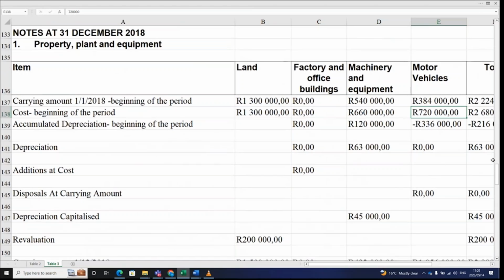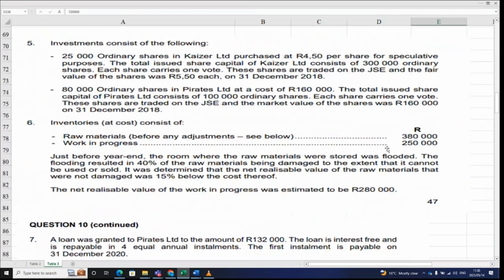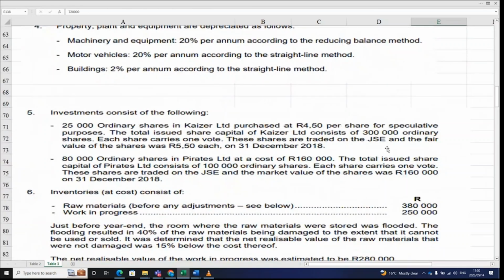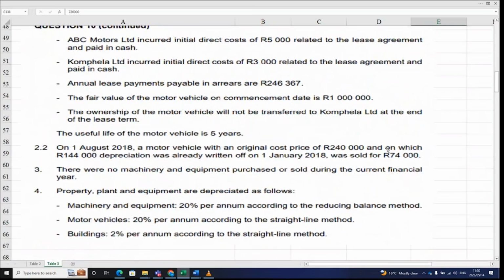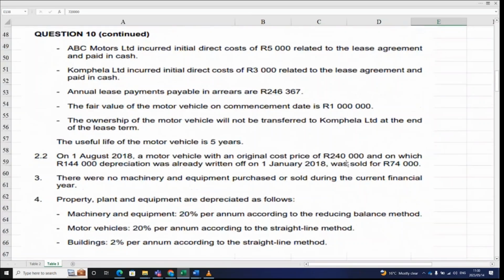So then there was an asset that was sold, right? There was a vehicle that was sold with the original cost price of 240,000, and on which 144,000 depreciation was already written off as at 1 January 2018. Okay. So they have not accounted for the depreciation of this asset that was sold.